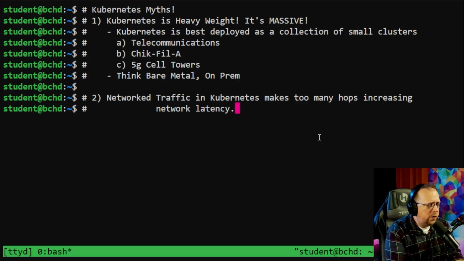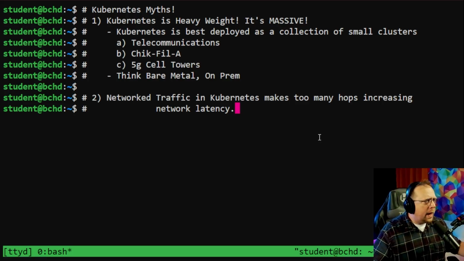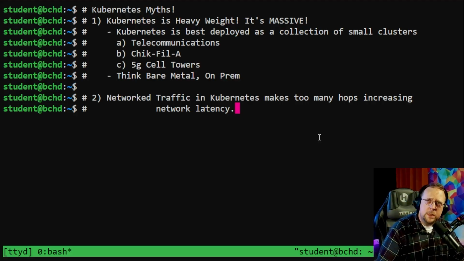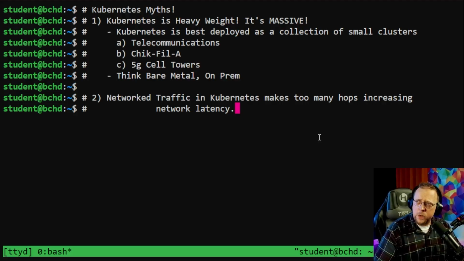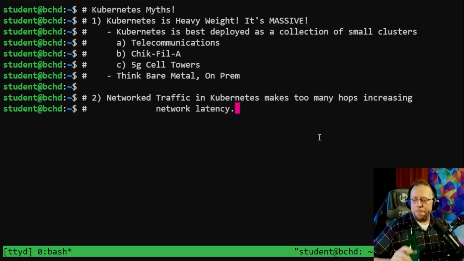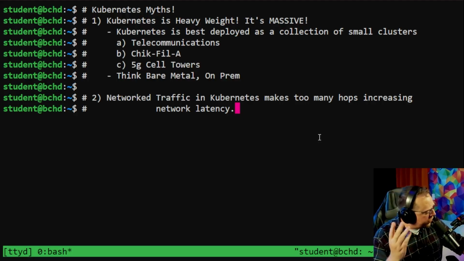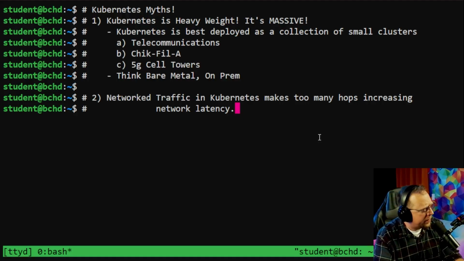I will once in a while entertain the discussion that Kubernetes is overblown, overhyped, and inappropriate. And way too often, this is the first thing people like to talk about: that network traffic in Kubernetes makes too many hops, and this increases network latency.